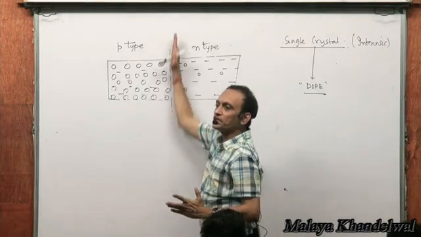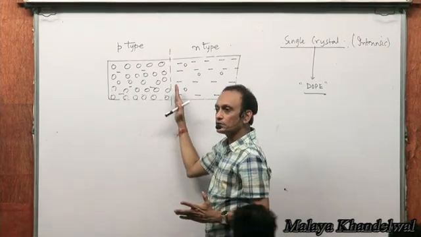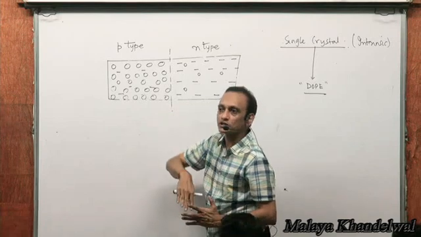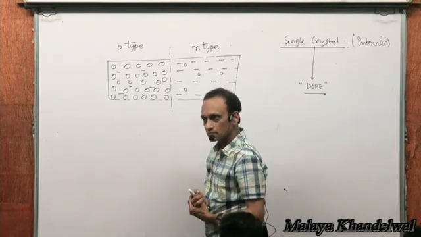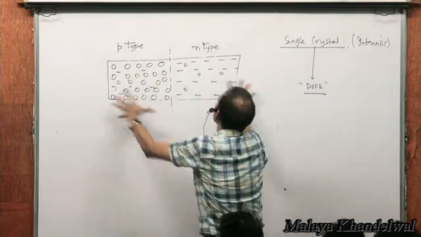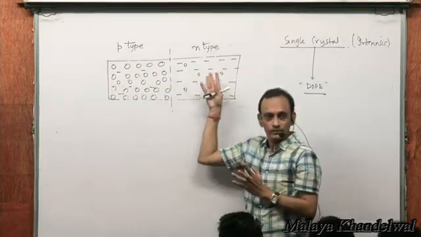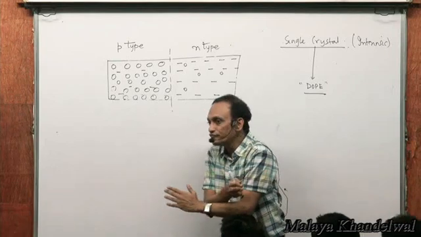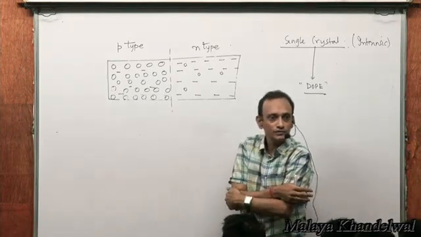And say there was a partition, and I dissolve this partition, I remove this partition. When I remove this partition, if I imagine this to be two gases, then the gases would diffuse, right?